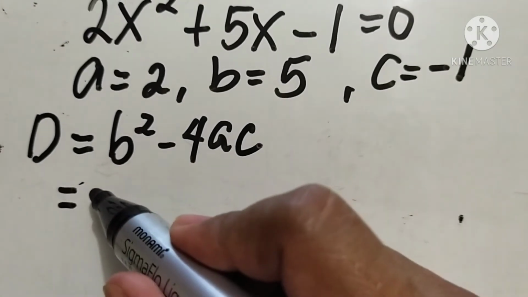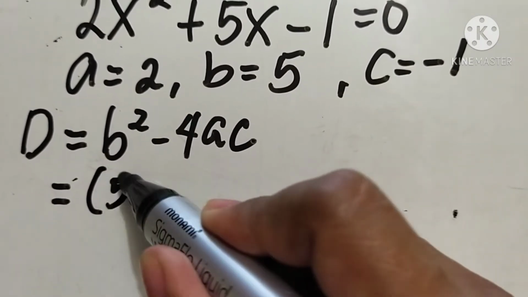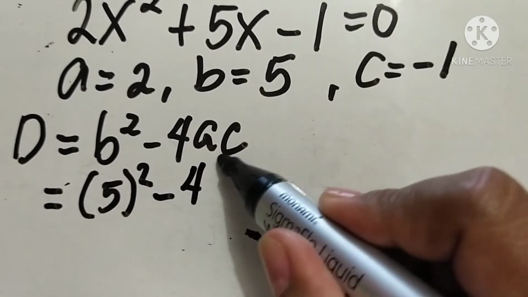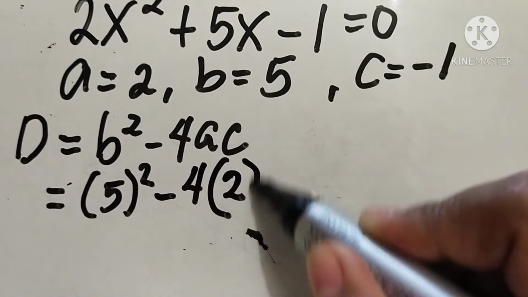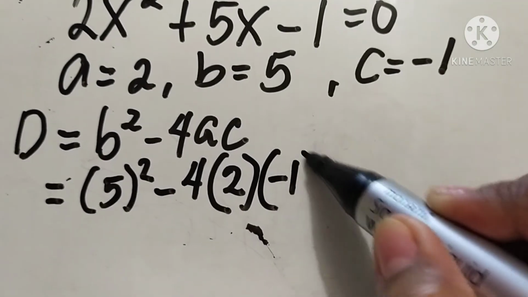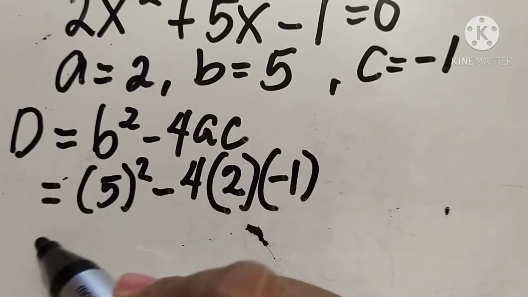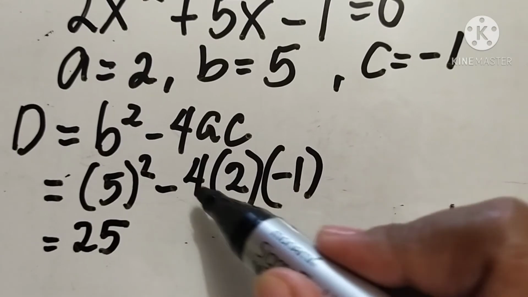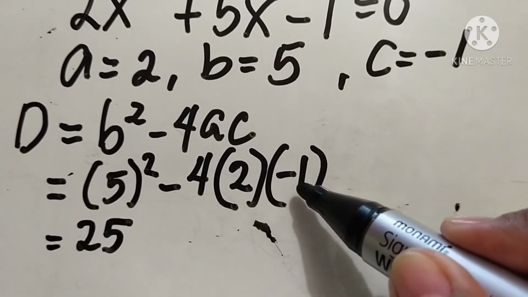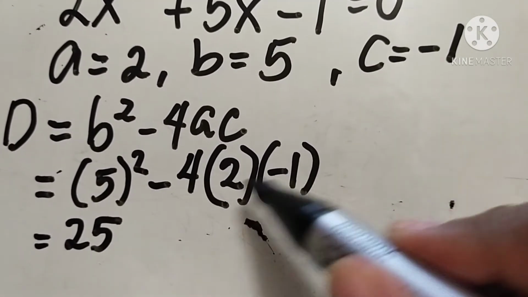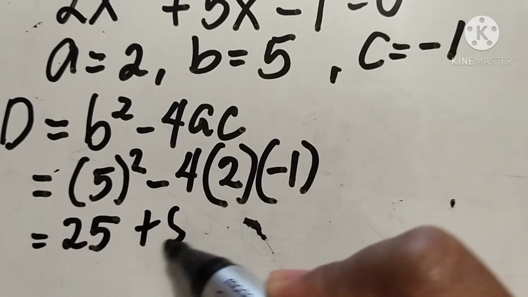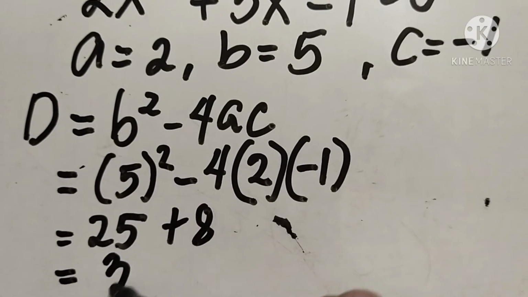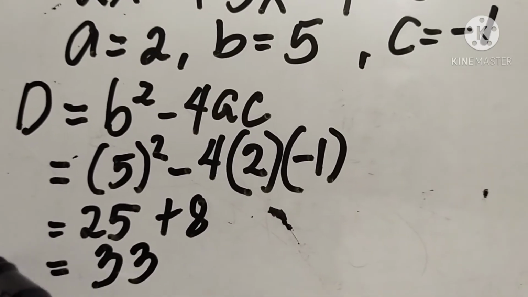Your b is 5. 5 squared minus 4. Your a is 2. Your c is negative 1. 5 times 5 is 25. 4 times 2 is 8, times 1 is 8. So, negative times negative is positive 8. So, therefore, your discriminant is 33.